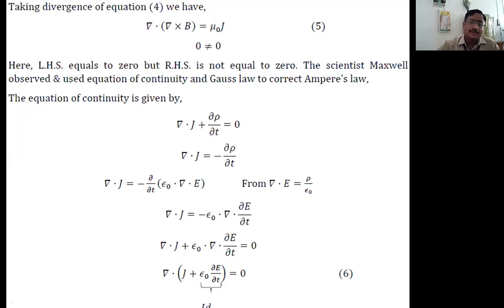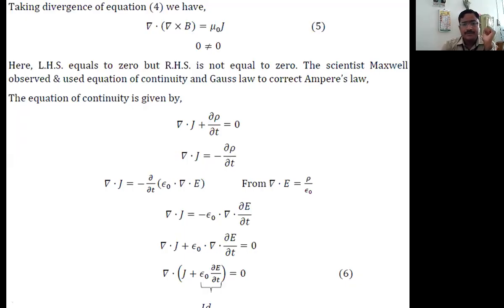So he thought, why not add some additional term according to this equation into the above equation? Because divergence J is not equal to 0, but if we add a certain amount to this, it is becoming 0. That means we need to add some correction to the above equation. This was the thought in the mind of Maxwell.